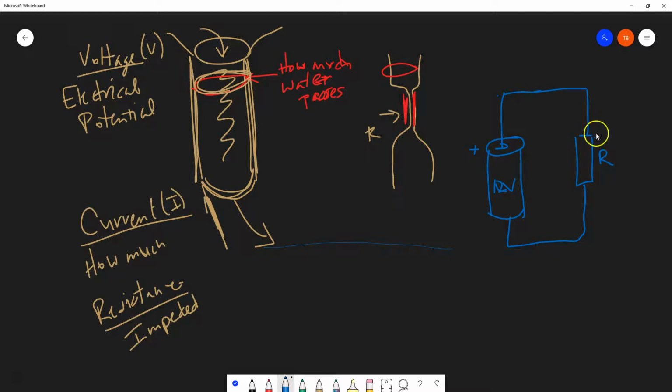Now, if this resistive element is a light bulb, we would draw it like a loop with a circle around it. And if we put this in place of the rectangle, we basically have a flashlight. If instead we put a strip of wire, which we'll represent by a squiggly line, the strip of wire might be the little wires inside your toaster.